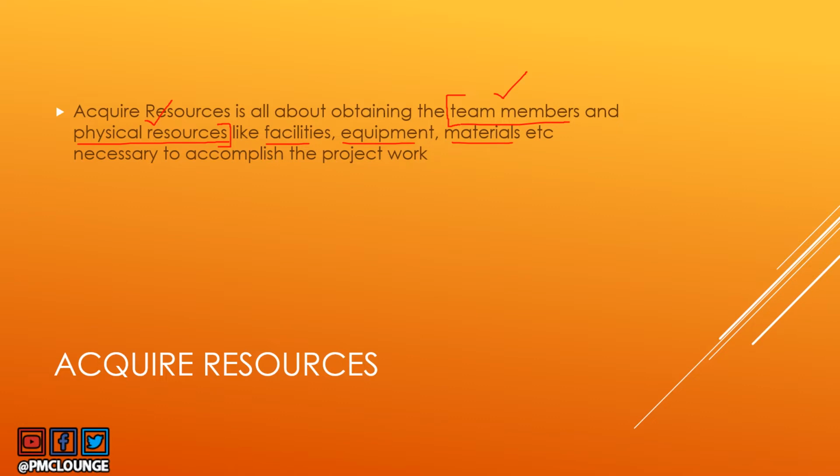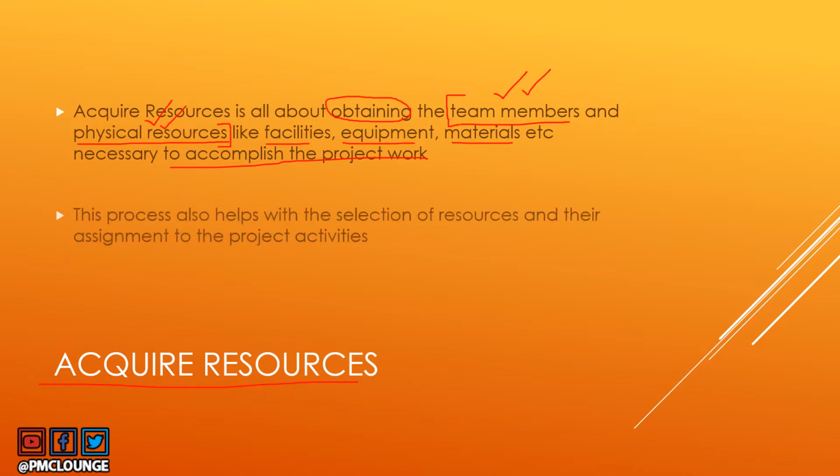So whatever resources are required, be it team members or physical resources necessary to accomplish the project work, obtaining them is what you are basically doing in the acquire resources process. This process also helps with the selection of resources and their assignment to the project activity. So let's say you need a certain test environment that you need to set up, right?